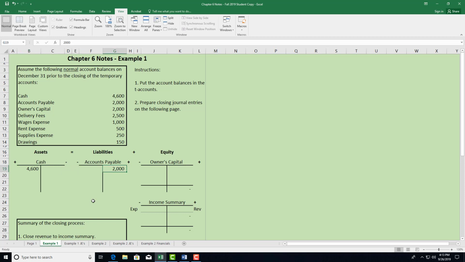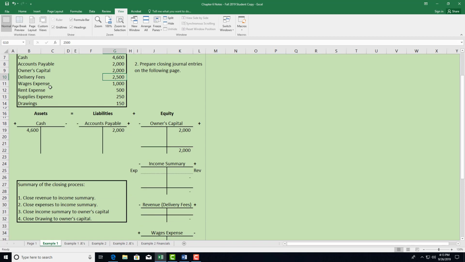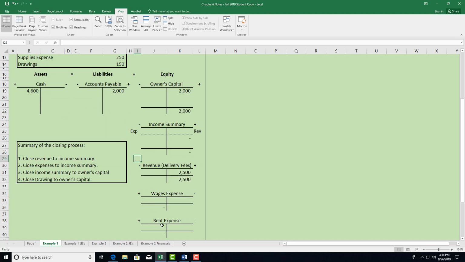So we have cash, we have accounts payable. Owner's capital has a beginning balance of $2,000. Delivery fees, that is their name for the revenue account, has a $2,500 balance. We have wages expense of $1,000.